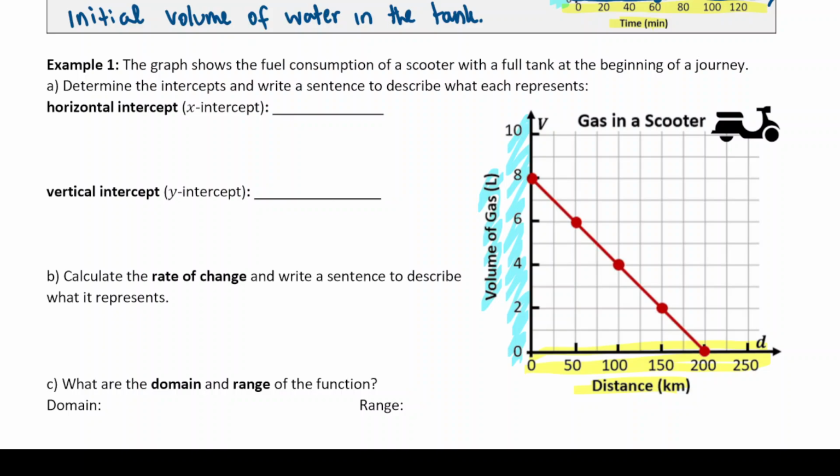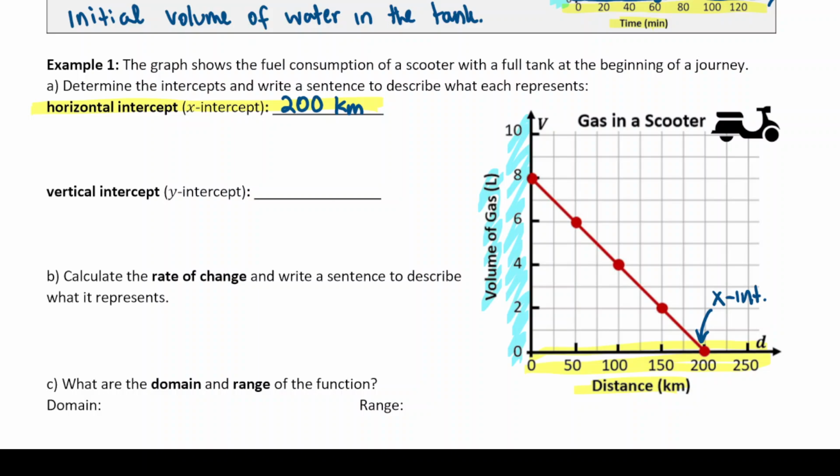First, they're asking us here, what is the horizontal intercept? That's where the graph intercepts with that x-axis at the bottom of the graph. So here we see that's happening at 200 kilometers. Important that we include units if that's relevant. And it says, write a sentence to describe what it represents. So 200 kilometers is when the scooter runs out of gas.